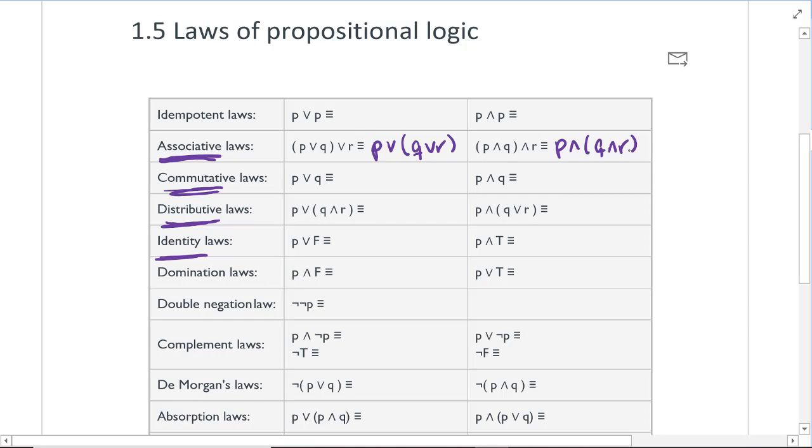We can say P or Q or R, and also P and Q and R, although technically and and or are binary operators, so they should only happen between two things at the same time.